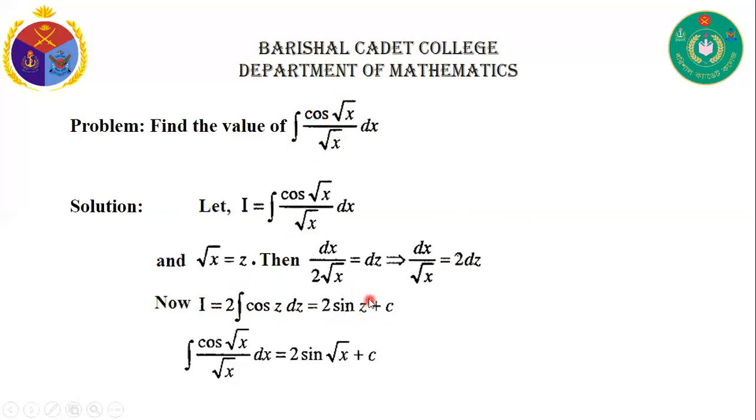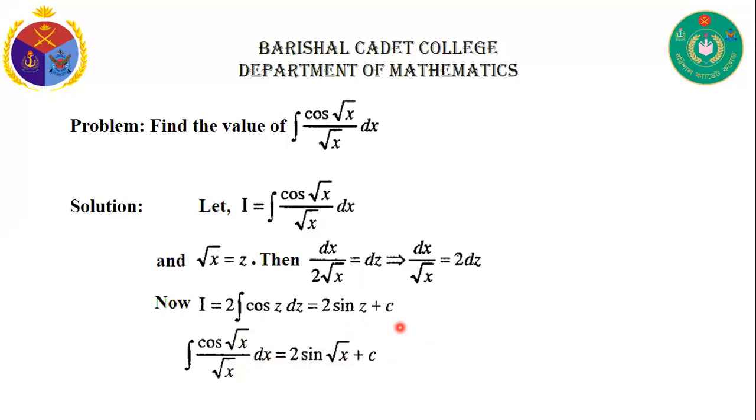And now we put in the value of z. So the integration of cos square root of x divided by square root of x dx is 2 sin z, and the value of z is square root of x, plus c. So boys, here is the secret: you have to choose something such that its differentiation will cover all the unnecessary things.